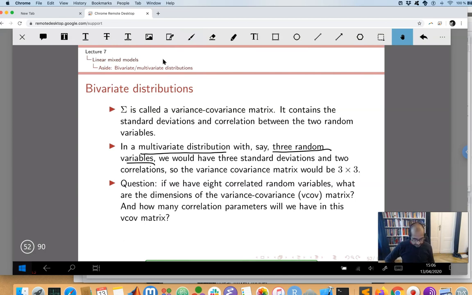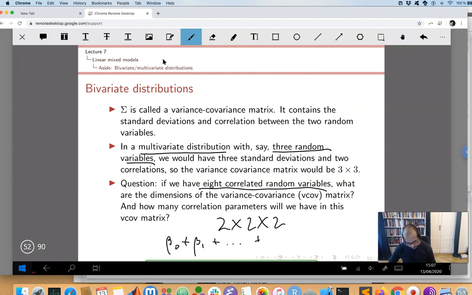One question that you should think about is a little exercise for you. Suppose I have 8 random variables. Let's say you have a 2x2x2 design. This can happen in a 2x2x2 design. You will have your intercept, and you will have slope 1 all the way to slope 7.